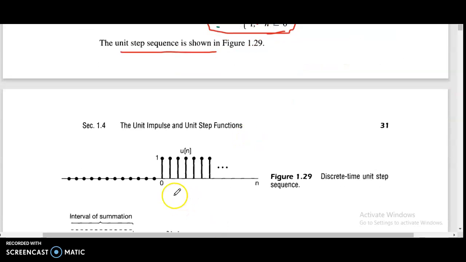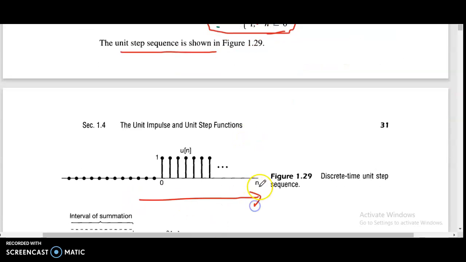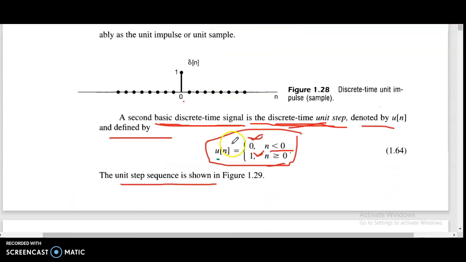In this x-axis, n, infinity on this side, plus infinity, minus infinity, here 0.